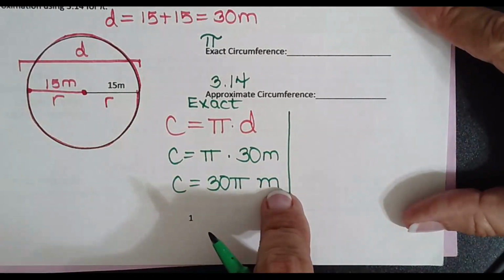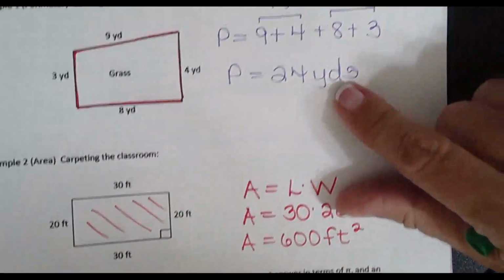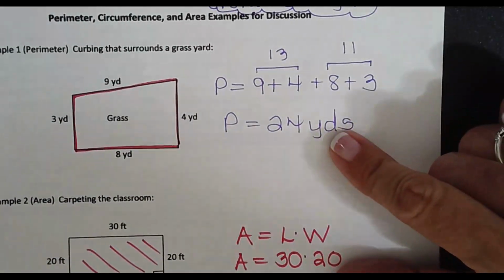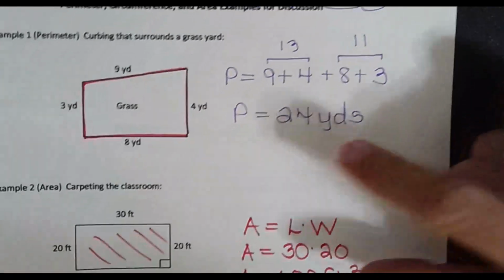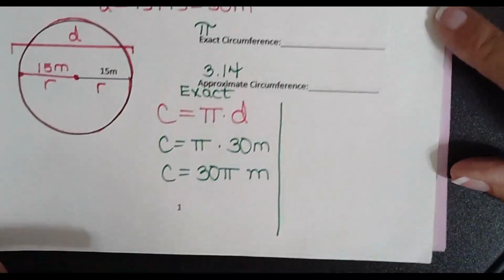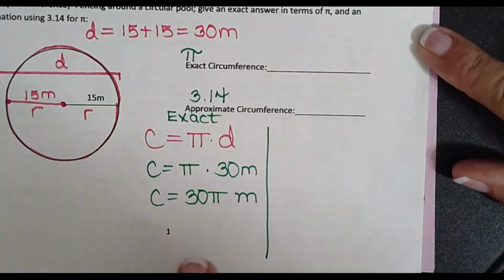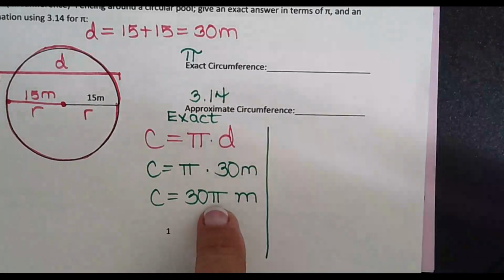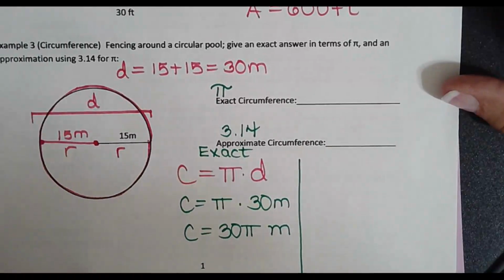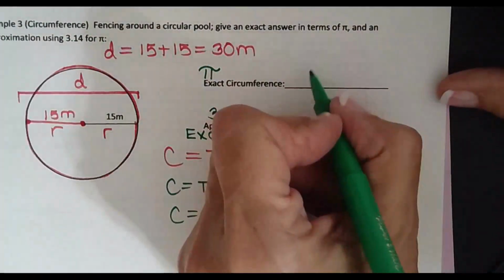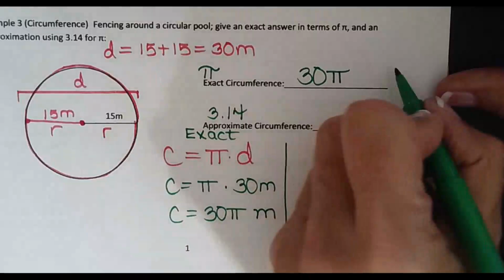And remember, circumference is perimeter, and we just set up here, perimeter is just the units. We don't do square, it's not area, we don't do cube, it's not volume, it's just the units. So that's how you would write the exact circumference. It will always have a pi in it because the minute you replace pi with a value, it is no longer exact because pi goes on forever. So 30 pi meters.